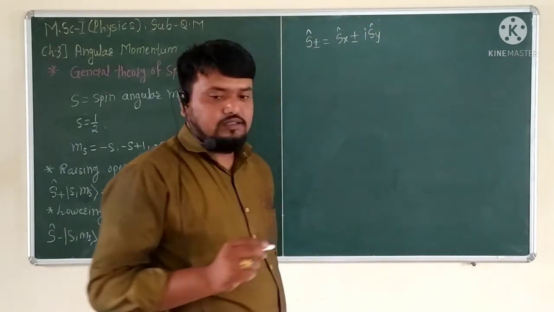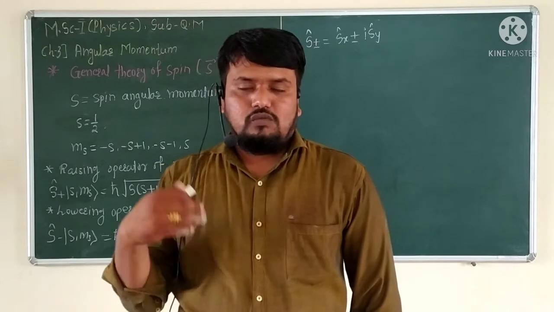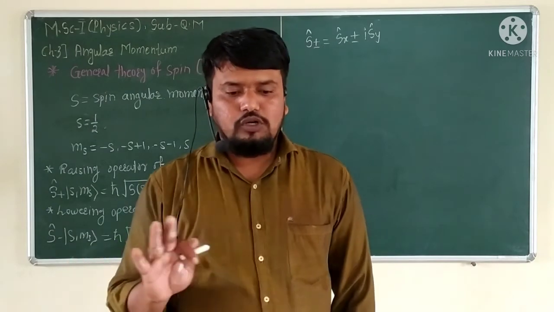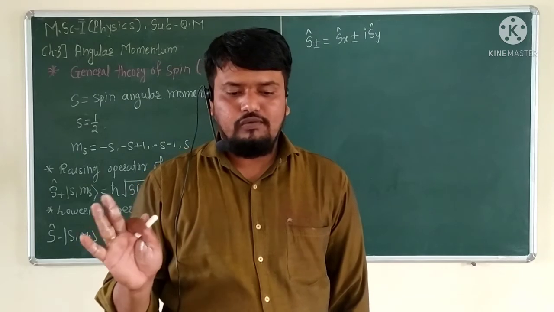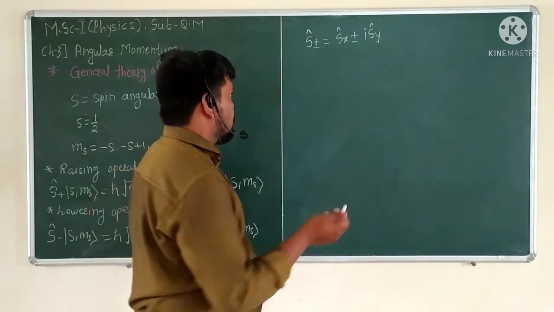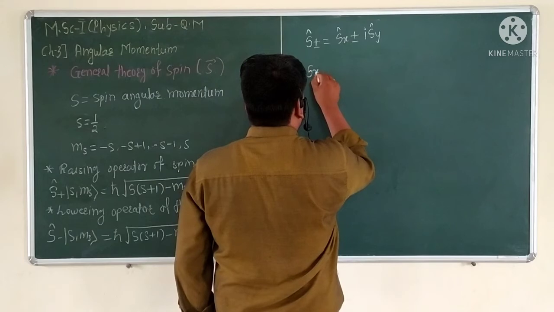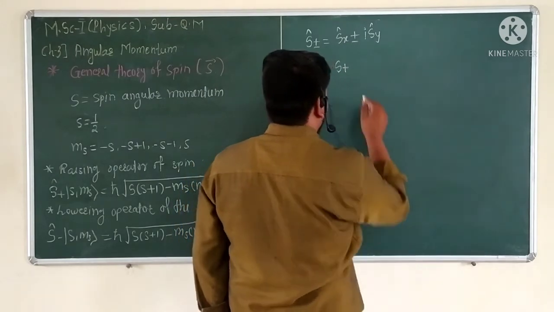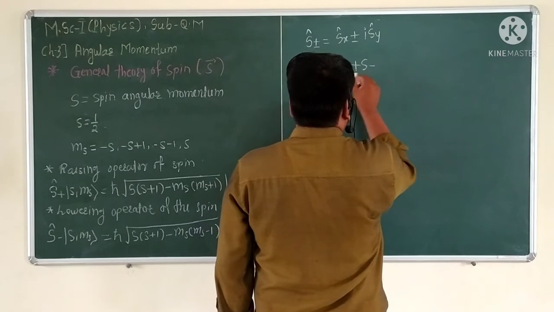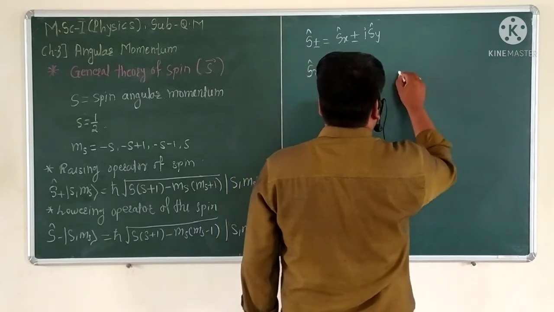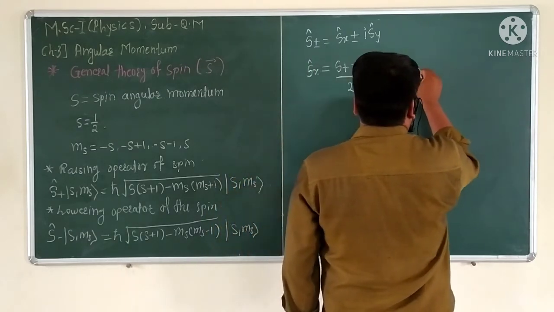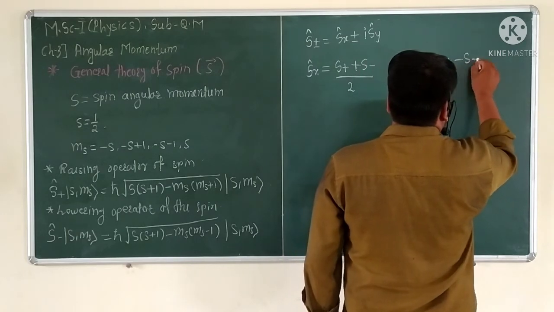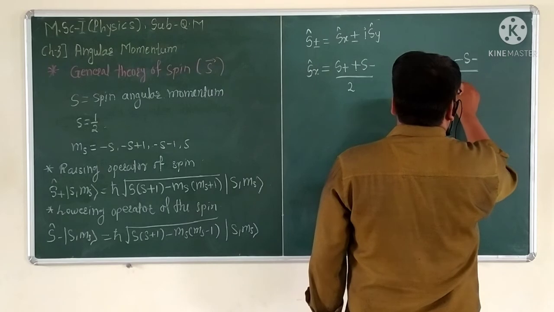Okay, and if we see what is the eigenvalue of Sx square and Sy square, first of all we have to know the formula of Sx and Sy. So Sx cap is nothing but S plus plus S minus divided by 2, and Sy cap is nothing but S plus minus S minus divided by twice i.